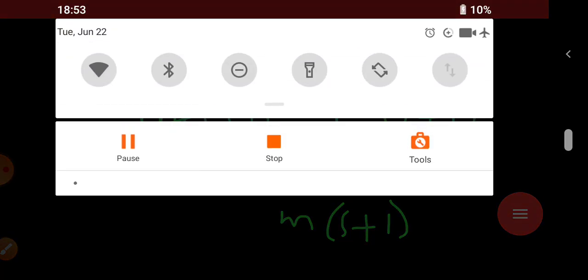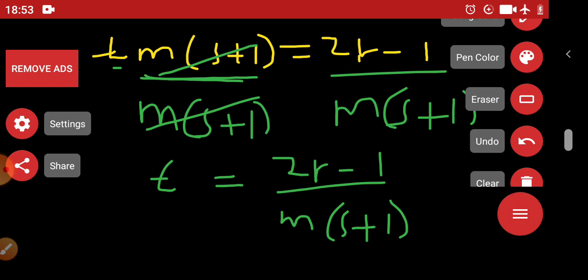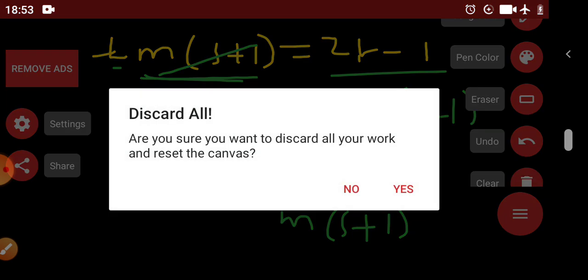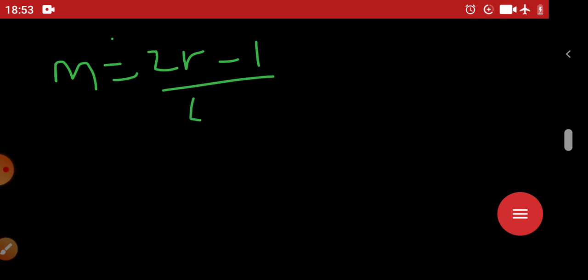So let's quickly go to E, where we make R the subject of the formula. So in E we have M is equal to (2R minus 1) all over T(S plus 1). This is the same question, but now we're making R the subject of the formula.